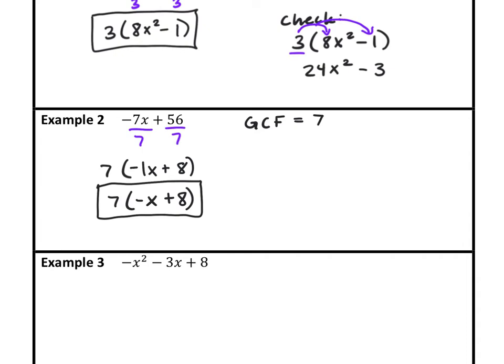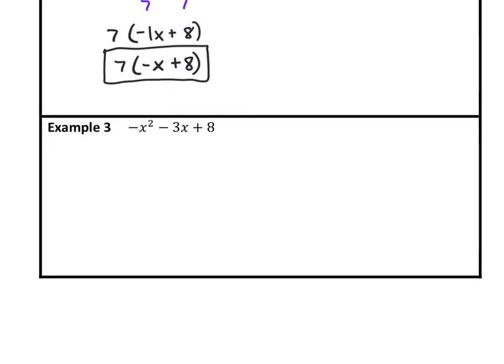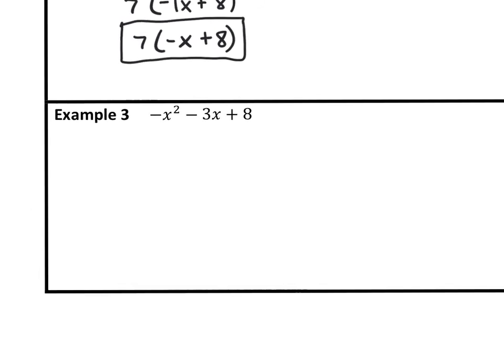All right, let's go to example 3. And let's find the GCF. Okay, so if I look at these 3 terms, right, 1, 2, 3, do they have any x's in common?